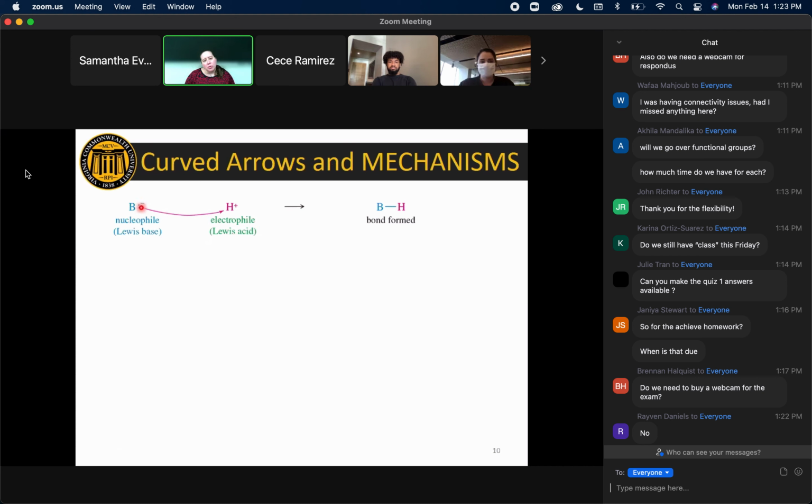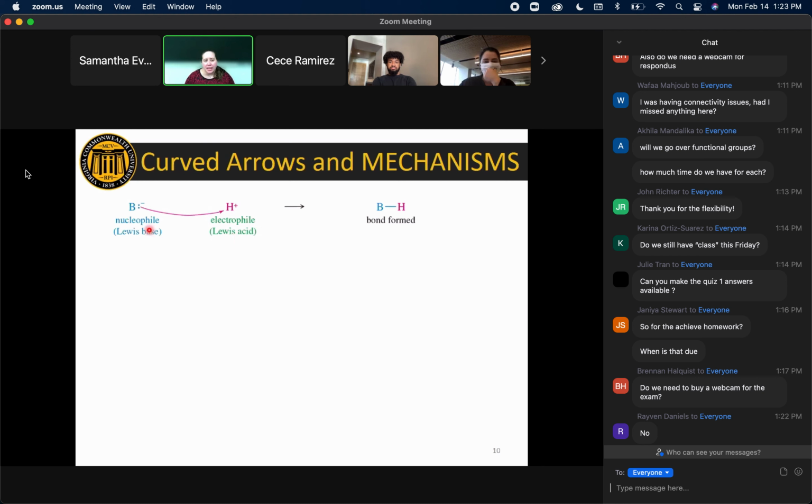In this example, we're showing with the pink curved arrow a lone pair on this generic base or nucleophile reaching over and attacking an electrophile or a proton. We can use the words nucleophile and base interchangeably sometimes, and likewise electrophile and Lewis acid.